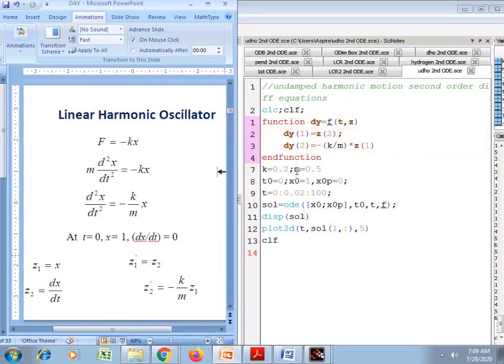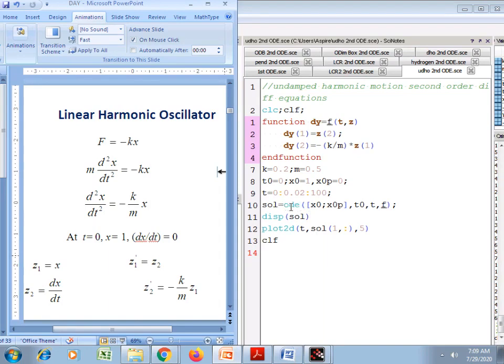Suppose k is equal to 0.2 and m, the mass of the particle, is 0.5. The initial conditions are t0 equal to 0, x0 is 1, and x0 prime, that is dx by dt, is 0. Then t I have taken from 0 to 100 with a step size of 0.02.